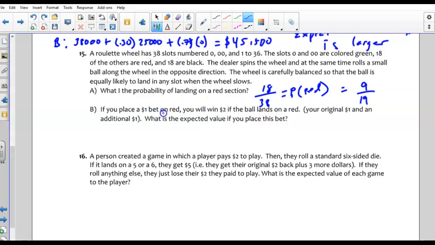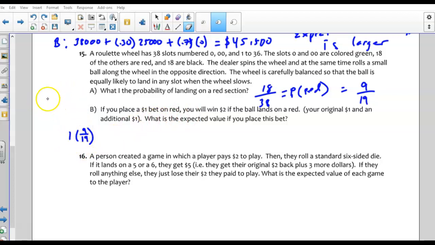Now, if you place a $1 bet on red, 9 out of 19, you will win $2. Now let me explain why I put 1 right here. You placed $1 to win $2, but this is not actually worth $2 if you land on red.